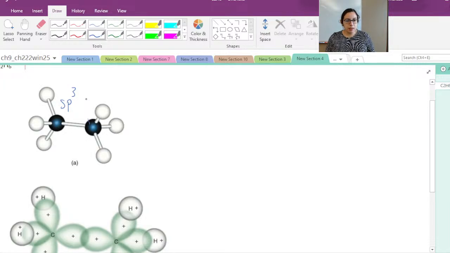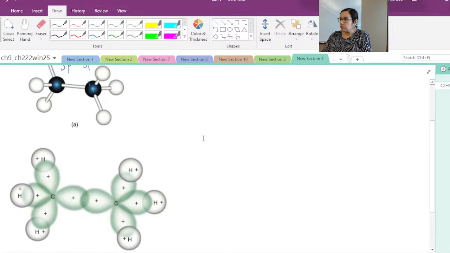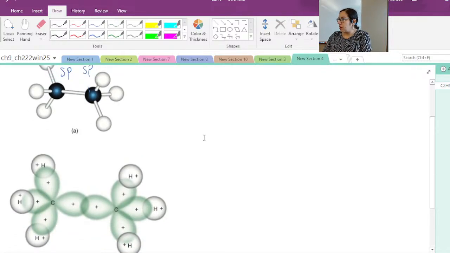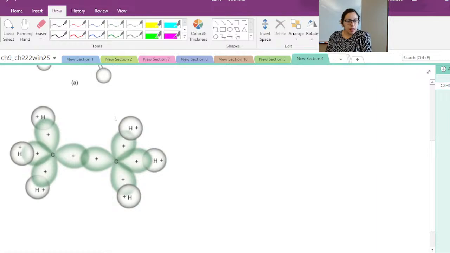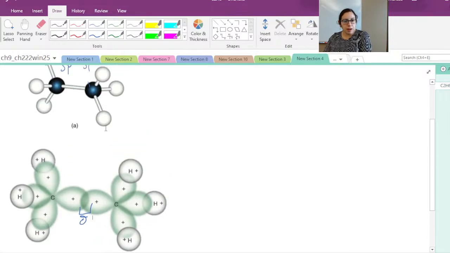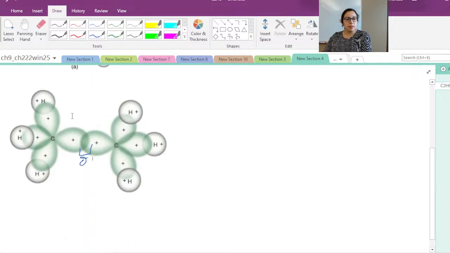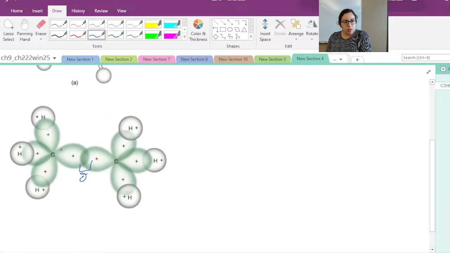Each carbon center is sp3, so that tetrahedral geometry is another good giveaway. It's always just a sigma bond. Now it's showing you our sp3 hybridized lobes. We can see how two of them come together, so we have our sigma bond between our two carbons. And the rest of those electrons go into bonding with hydrogen.